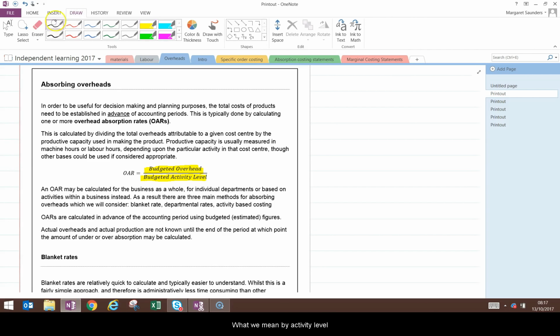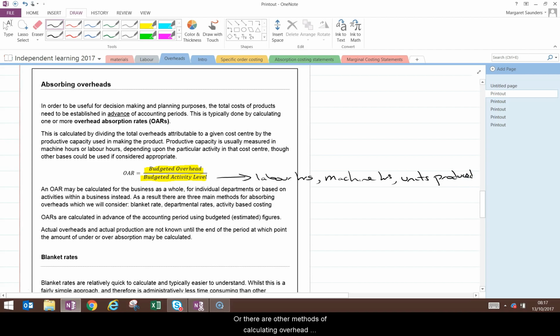What we mean by activity level is either dividing it by labour hours, as we did in the example with Adam and Bernard, or we can divide by machine hours. We could divide by number of units produced, or there are other methods of calculating overhead absorption rates.